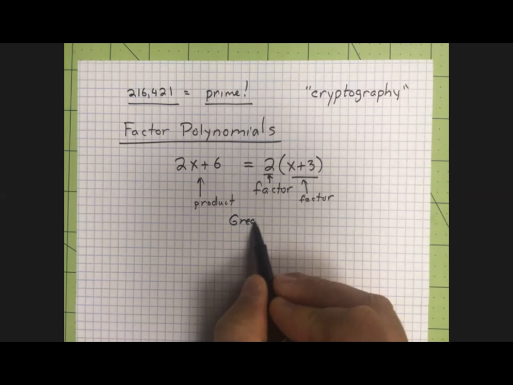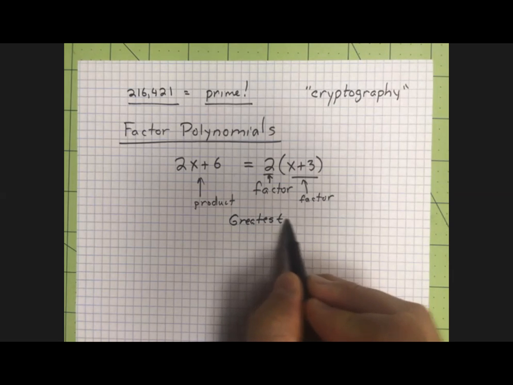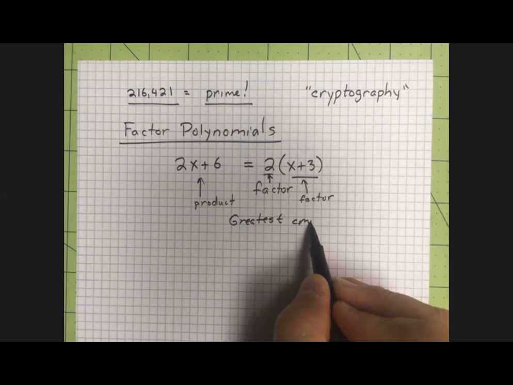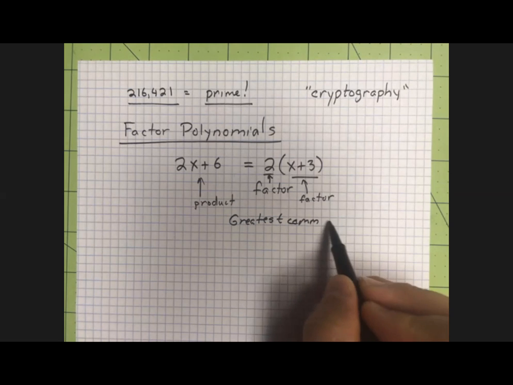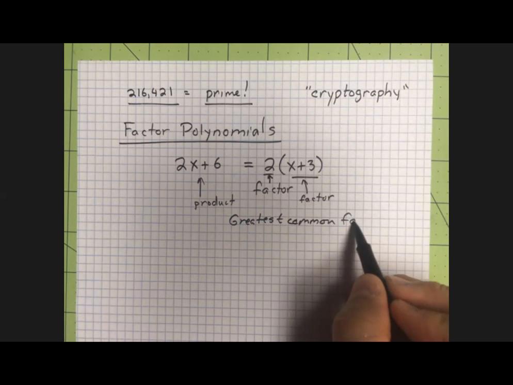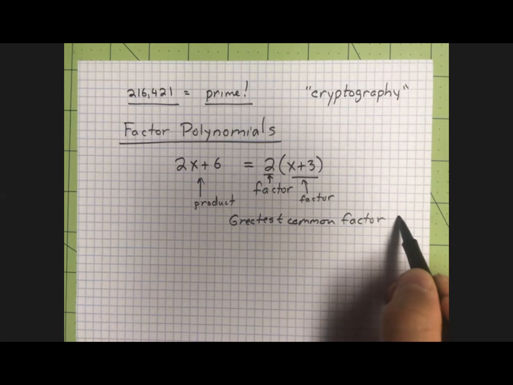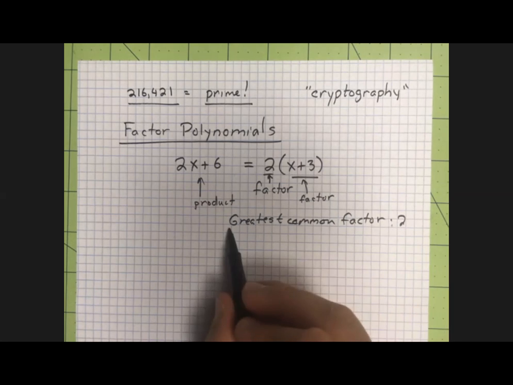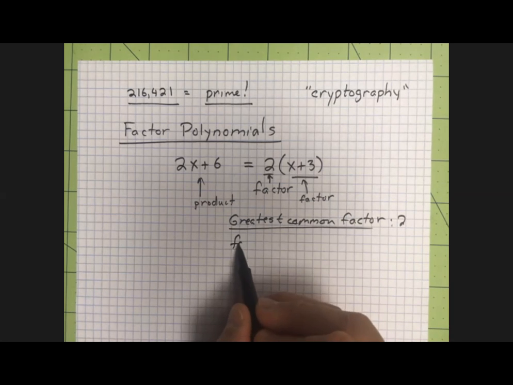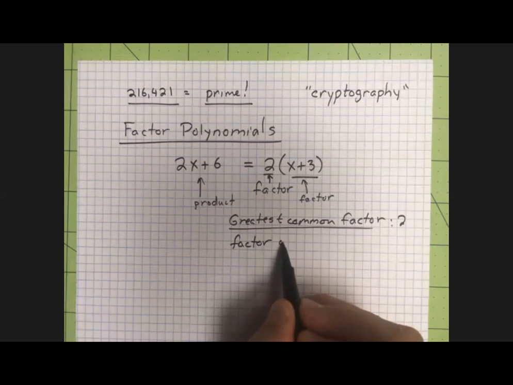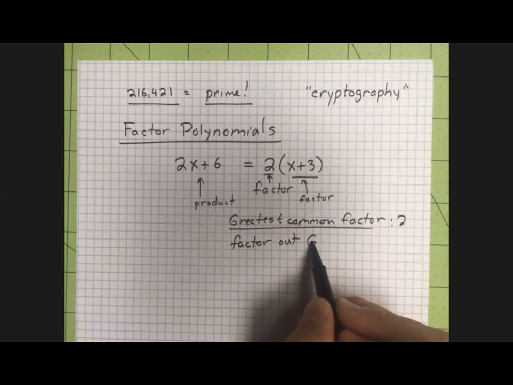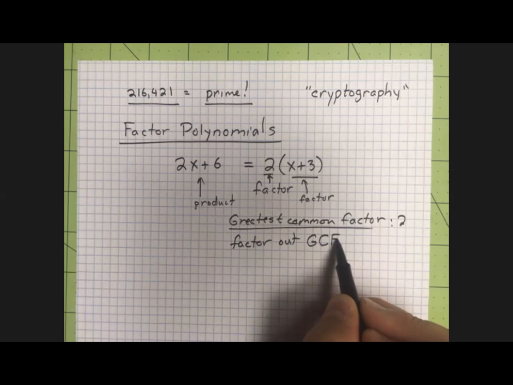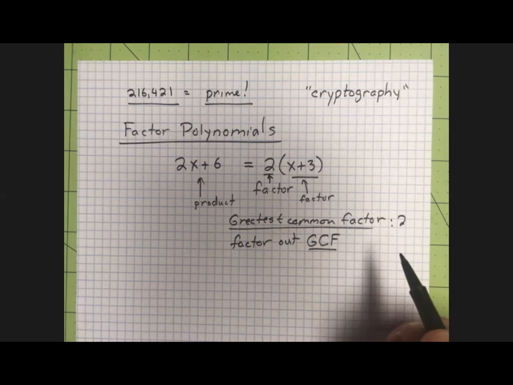So if someone asked me, what is the greatest common factor between those 2 terms, I would say 2. And then they would tell me, why don't you factor out the greatest common factor? Most people just say GCF, greatest common factor. And that's what we did.